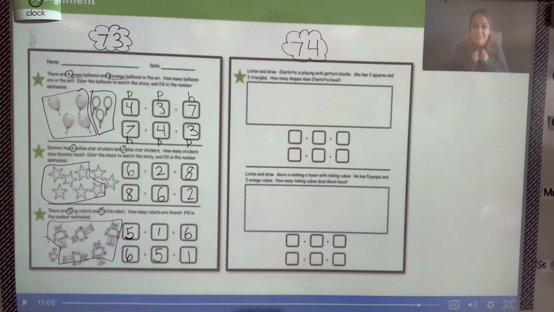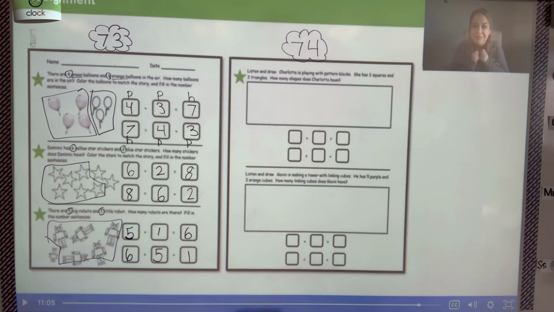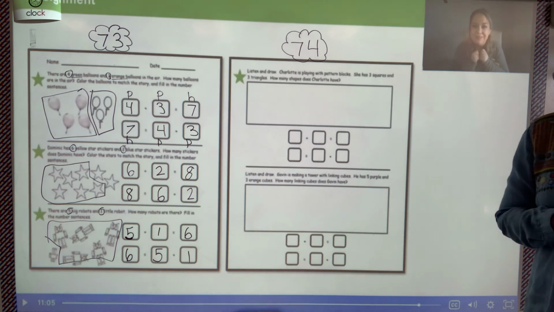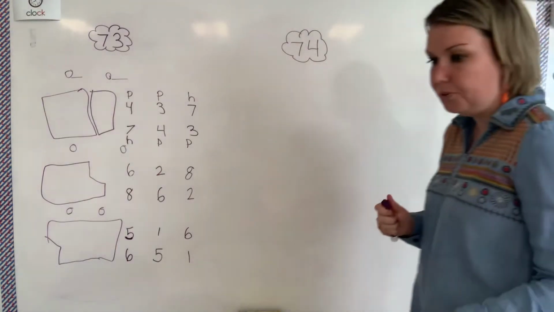How many shapes does Charlotte have? Fill in your number sentence. Fill in both number sentences. This time, do a silly face in the camera when you're done.